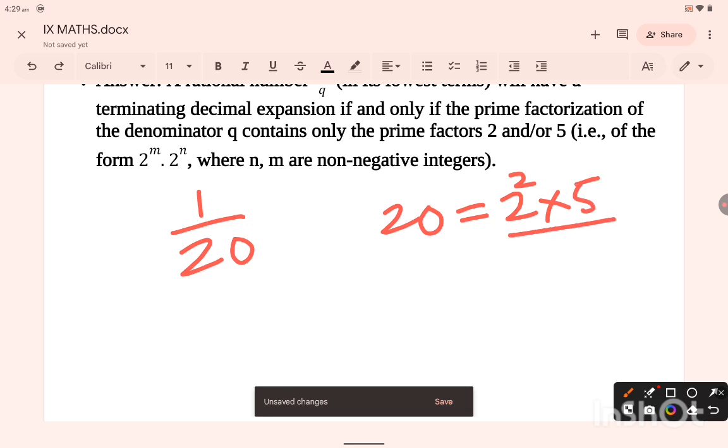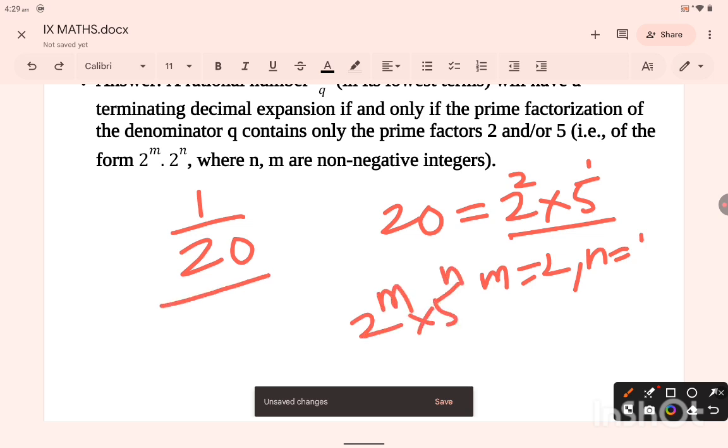This is in the form of 2 to the power of m into 5 to the power of n, where m is equal to 2, n is equal to 1. These two are non-negative integers. Therefore, 1 by 20 satisfies the two conditions. That is, the simplest form, and the denominator can be expressed in the form of 2 to the power of m into 5 to the power of n. Therefore, 1 by 20 is a terminating decimal.